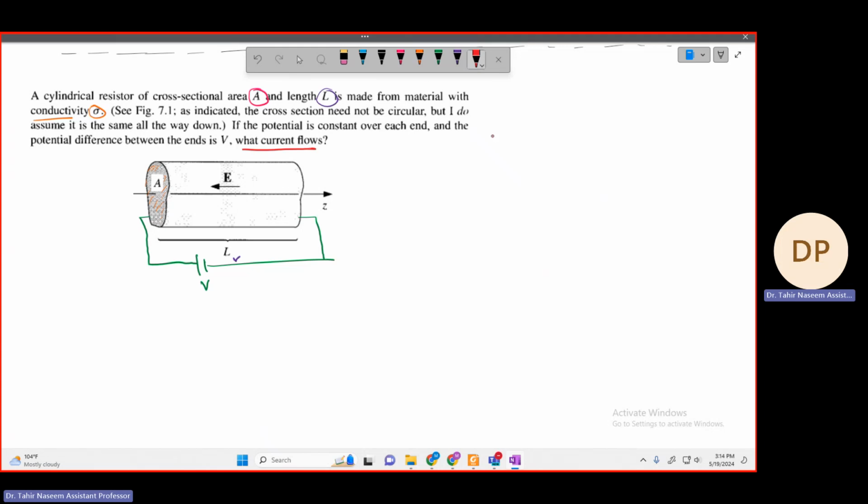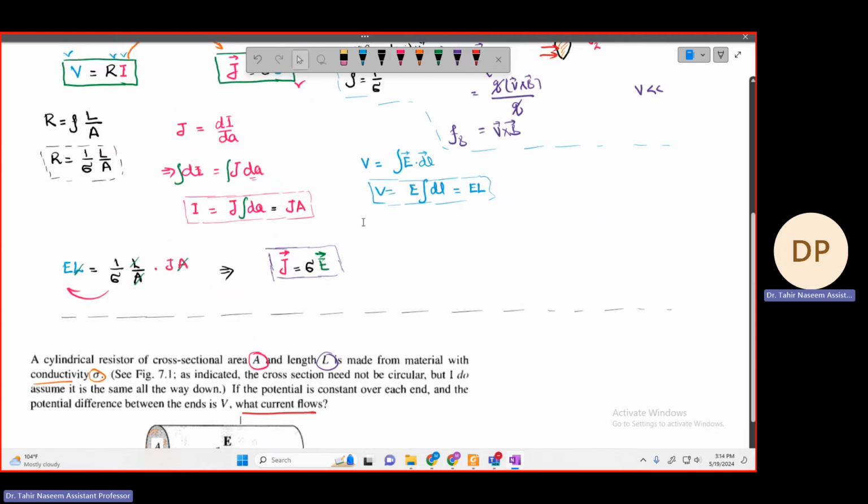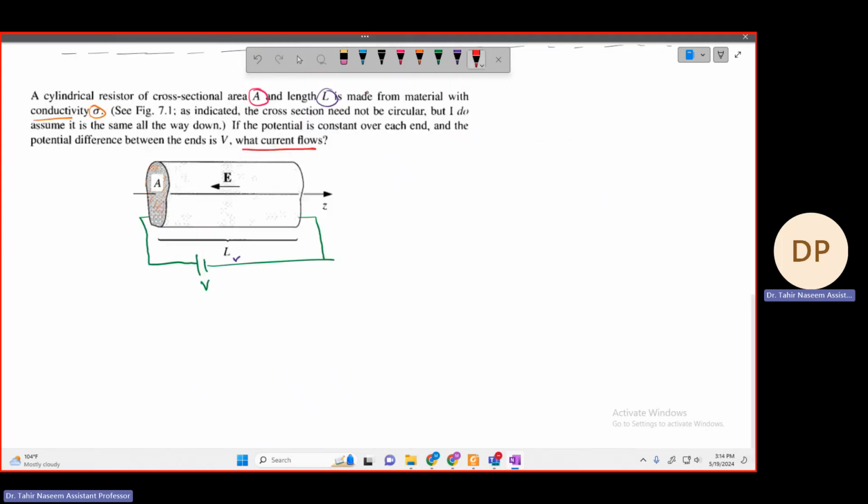So let's write both forms of Ohm's law. We can write V is equal to I R, and then the other form, J is equal to sigma, and in this case let's write E. So we need to find current, right?